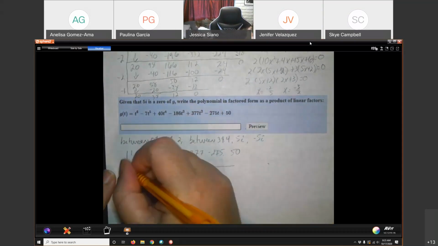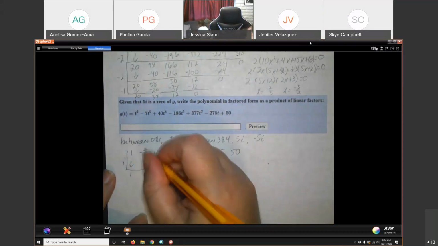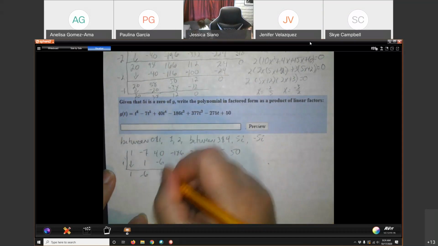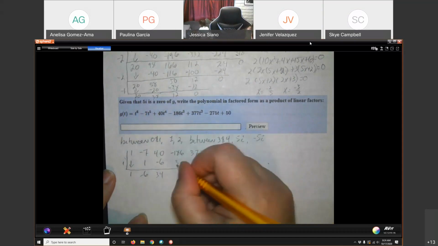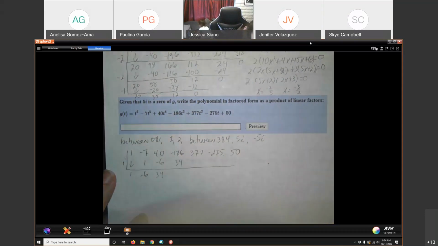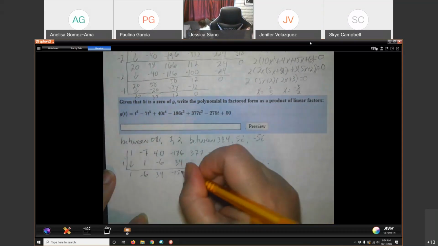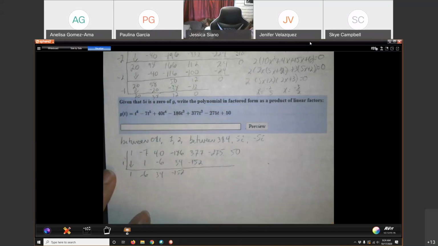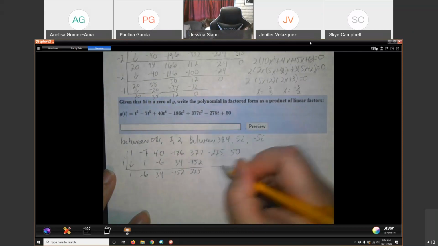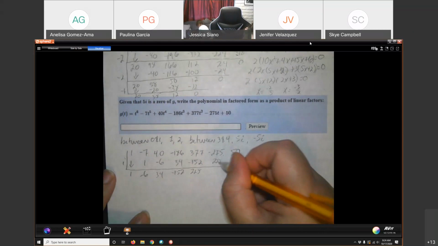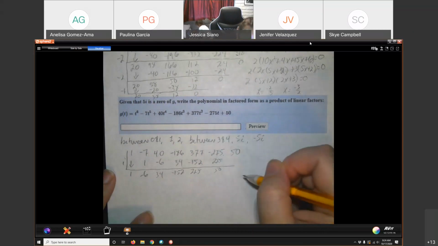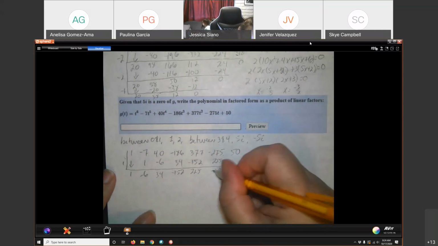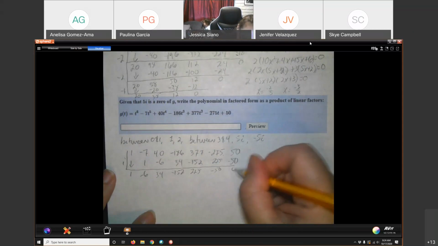Let's divide out the 1: multiply, add, multiply, add, multiply, add. That's going to be 50, it's going to be -50, multiply, add.